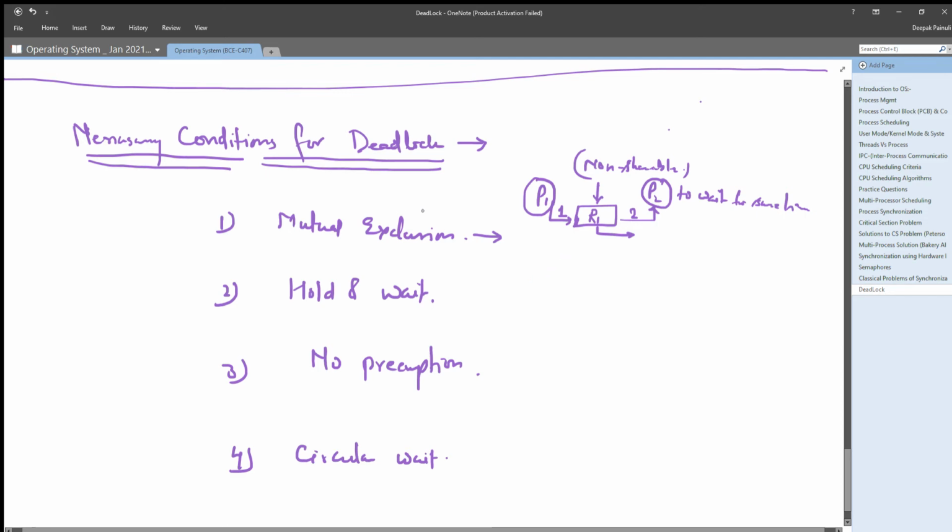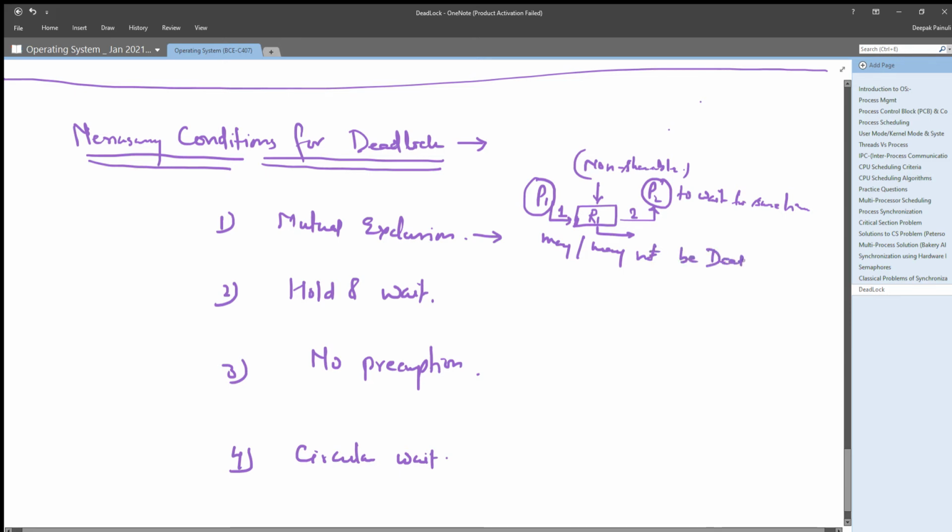If mutual exclusion appears separately, without hold and wait, no preemption and circular wait, then there may or may not be deadlock.